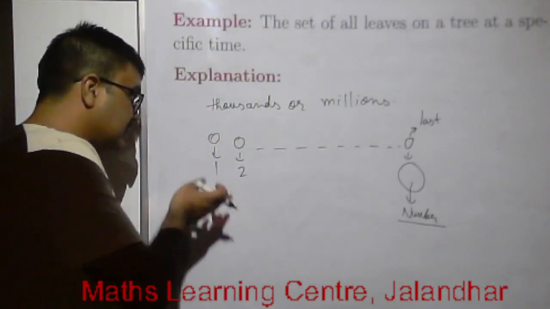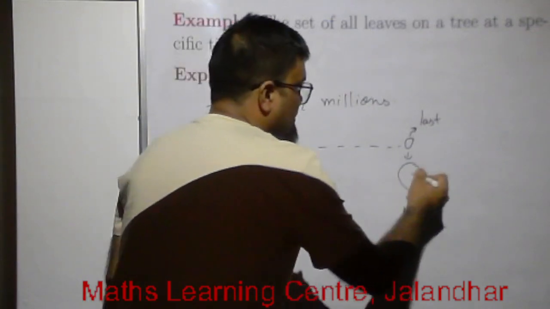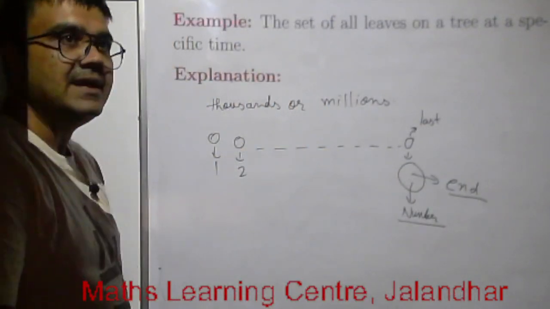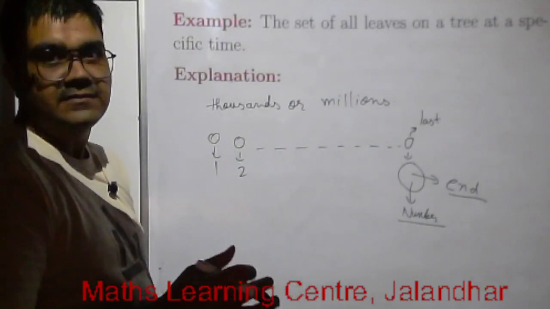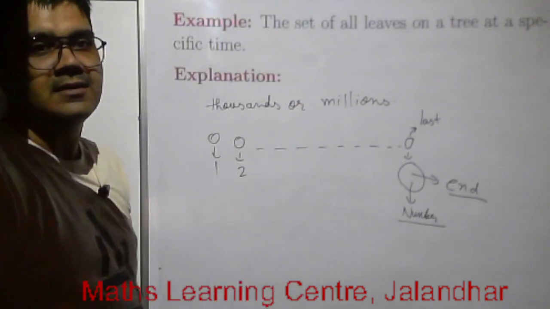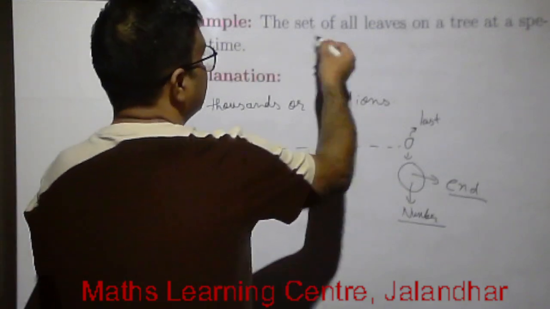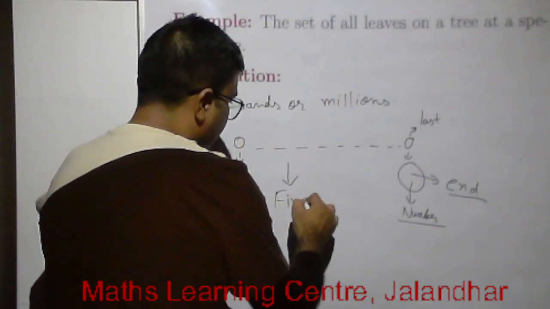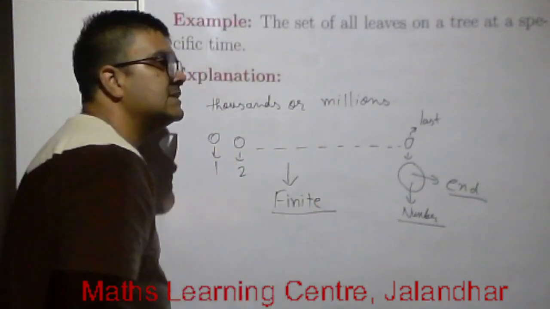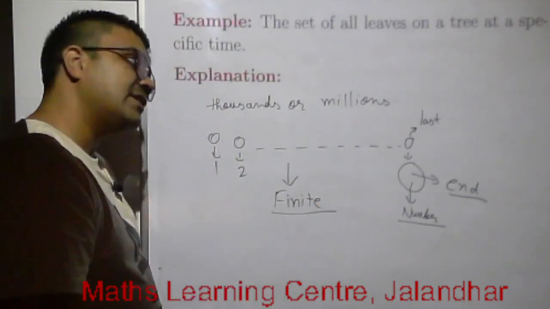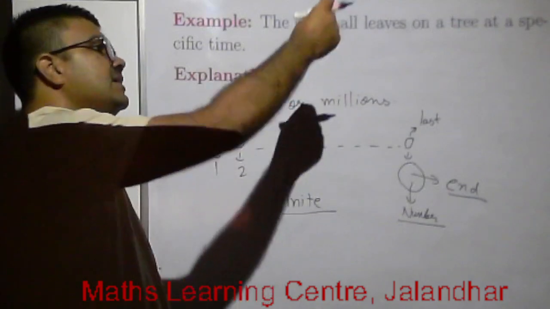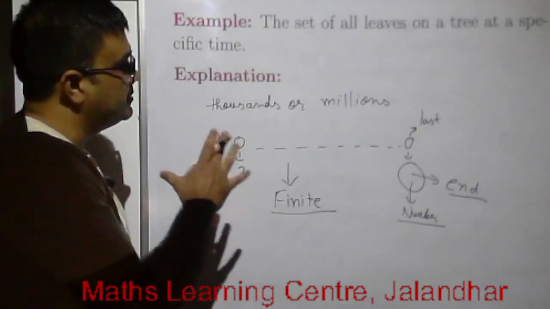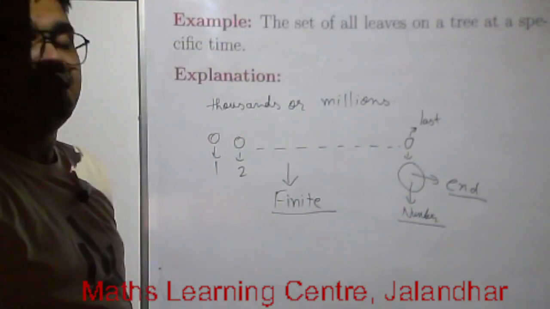What we mean to say is that the process of counting comes to an end. It may take a lot of time, but the process of counting will come to an end. It means that the set of all leaves on a tree is a finite set. Now the cardinality may be in thousands, it may be in millions, it may be very large, but the process of counting will come to an end.